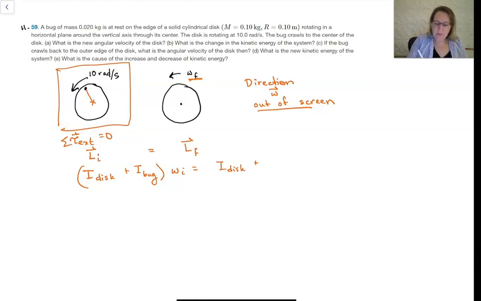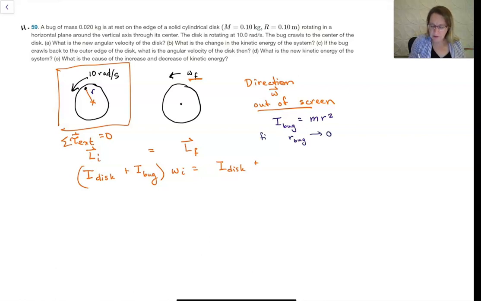Now notice, the moment of inertia of the bug, because all the mass sits right together where it is, is for a particle mr squared. So if this is the r in the initial case, that's the moment of inertia of the bug. But in the final case, the r of the bug heads towards 0.